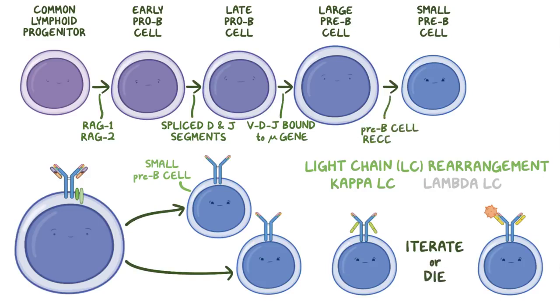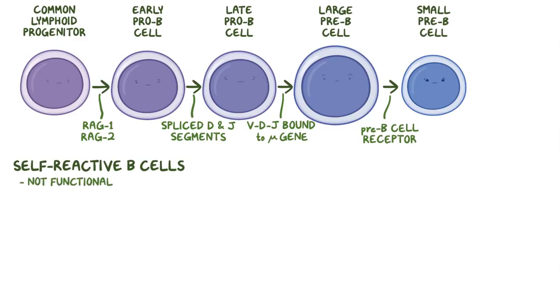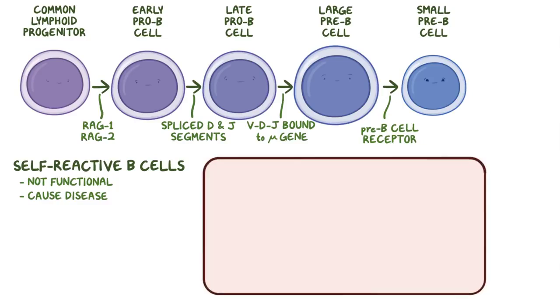Not allowing B cell receptors to be self-reactive is super important, because if these faulty or self-reactive B cells are released, then they might simply not work and they might attack self-tissue and cause disease. To identify the self-reactive B cells, there's an autoimmune regulator gene, called AIRE for short.